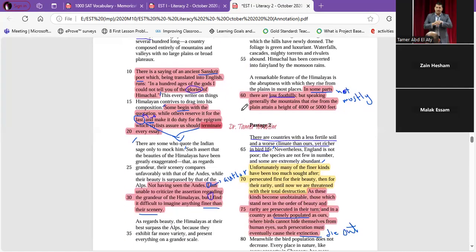Okay, the last paragraph: a remarkable feature of the Himalaya is the abruptness with which they rise from the plain in most places. The last sentence: in some parts, there are low foothills, but speaking generally, the mountains that rise from the plain attain a height of 4,000 or 5,000 feet. Okay.